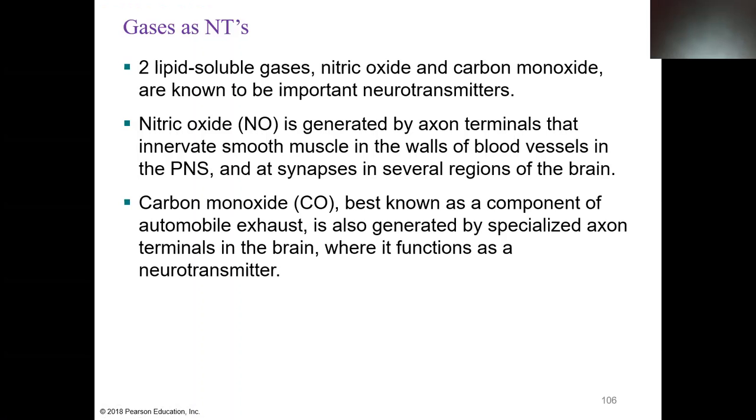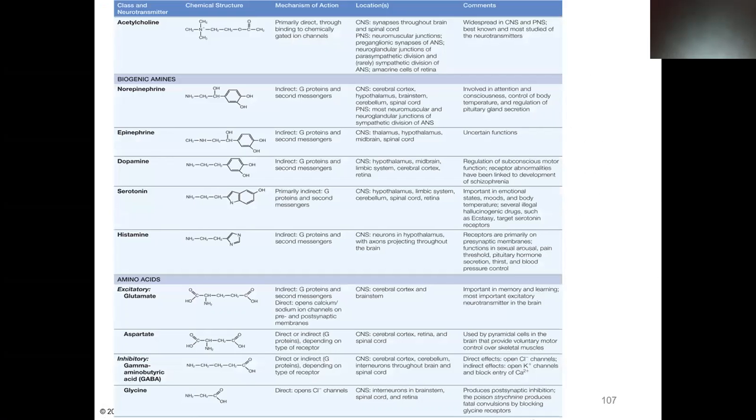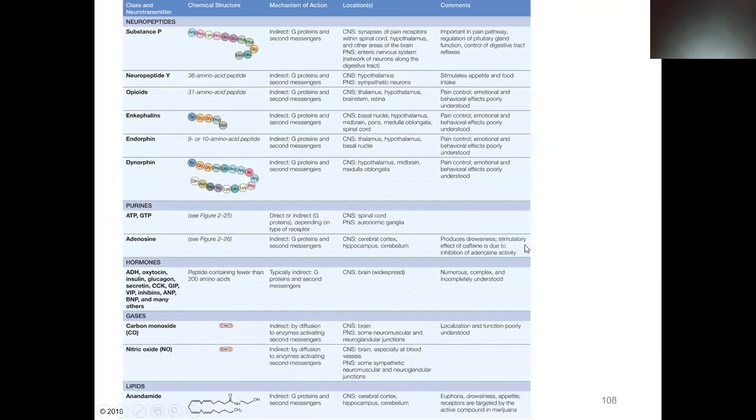So we'll talk about that a little bit in 2402. Here are charts of different types of neurotransmitters. You do not have to memorize all of these, but it's so that you can see acetylcholine, norepi, epi, dopamine, serotonin, all these different neurotransmitters, and basically how they help maintain homeostasis inside of the body.